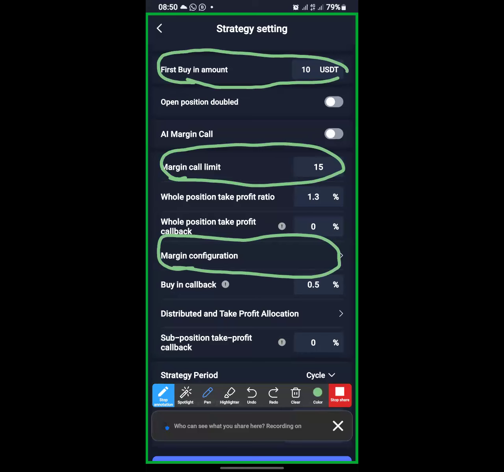These three things move together. So what you put on first buying amount and margin call limit, you set it on margin configuration.